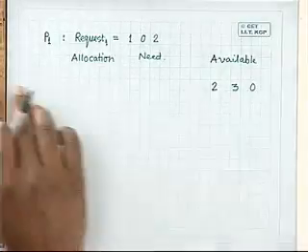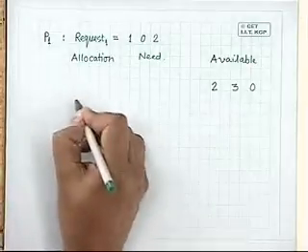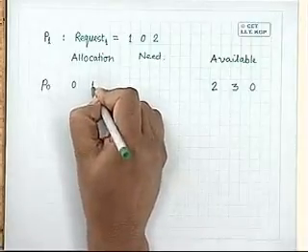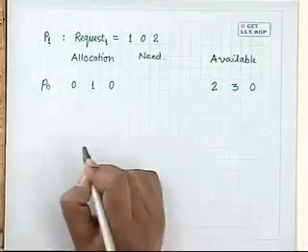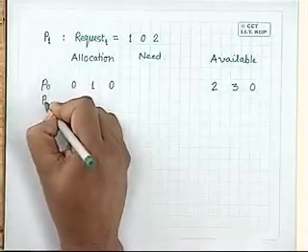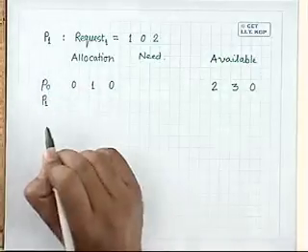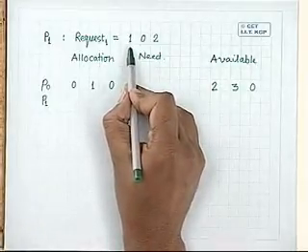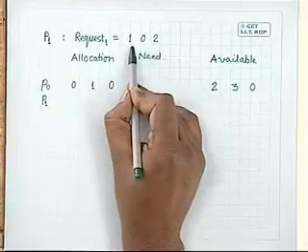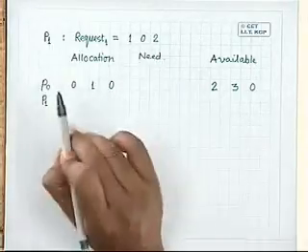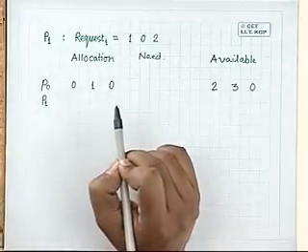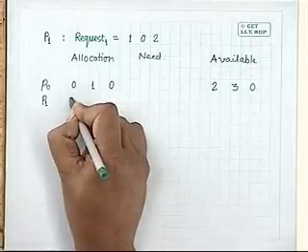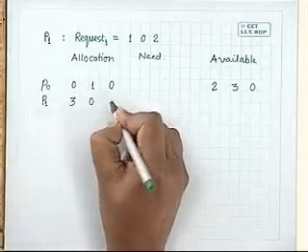For process P0, the allocation was 0, 1, 0. We don't change this. For process P1, the allocation was 2, 0, 0, and the additional resources now allocated are 1, 0, 2. So we add 1, 0, 2 to 2, 0, 0, which was allocated earlier. Now for process P1, the allocation vector will be 3, 0, 2.